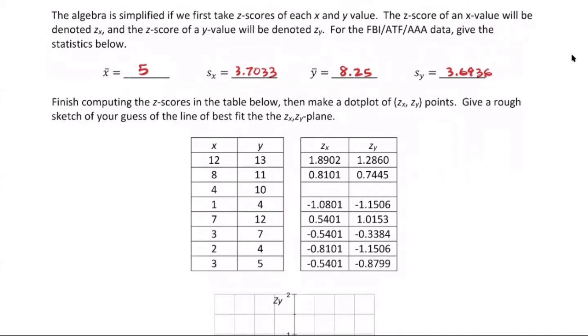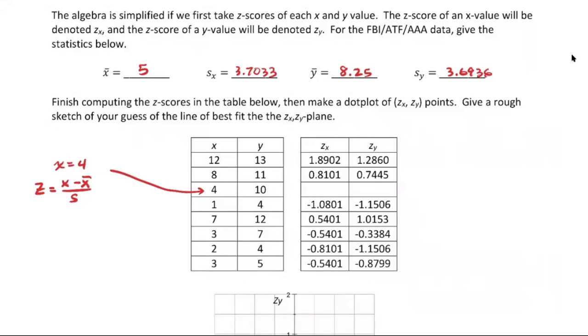But I did leave a couple, right? So the first X that I left was X equals 4. And to do a z-score, remember, you just do X minus mu over sigma. So here would be X minus X bar over S, because we don't know mu or sigma, use the sample mean and the sample standard deviation.